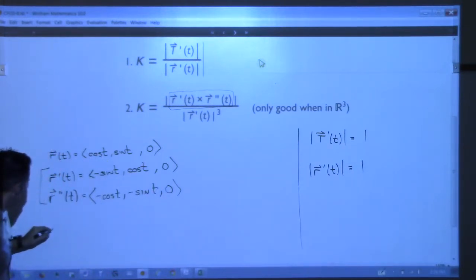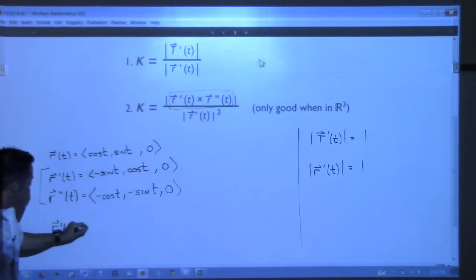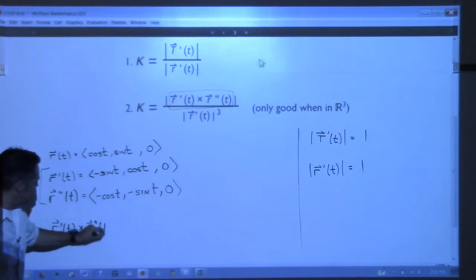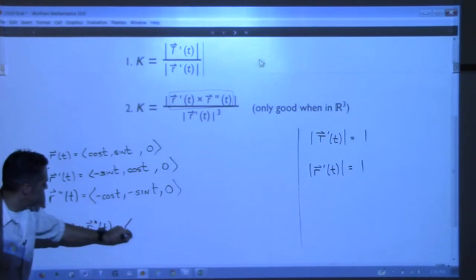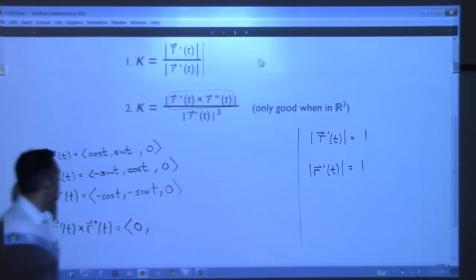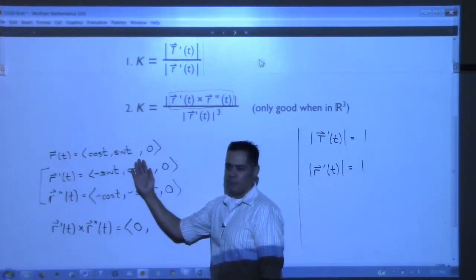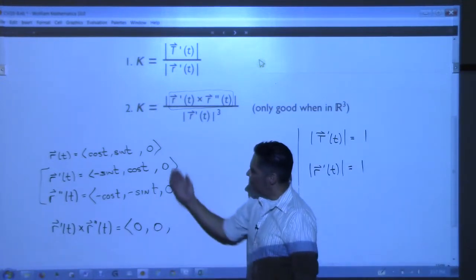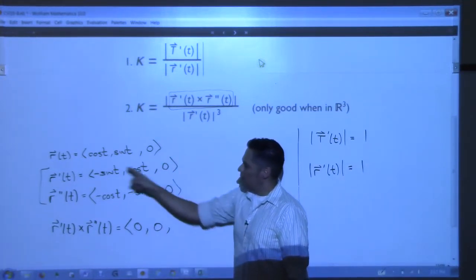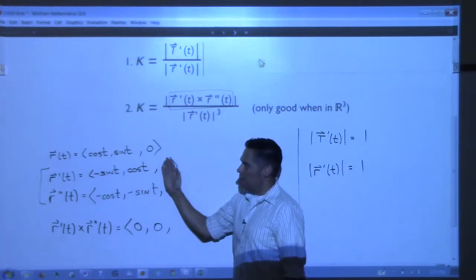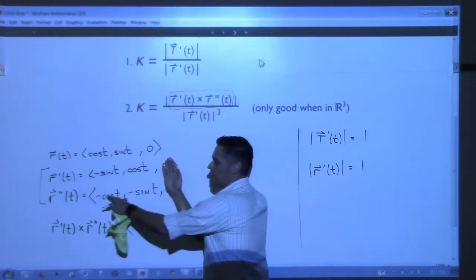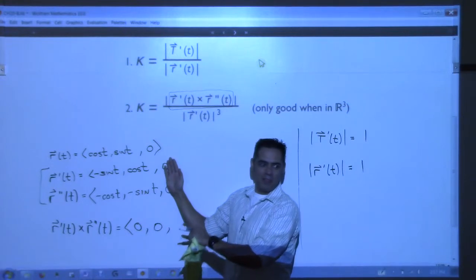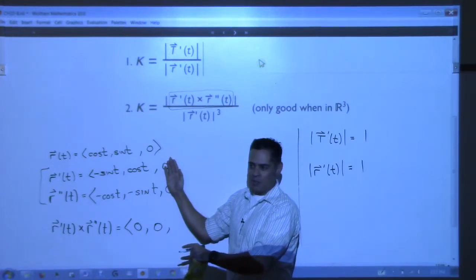So my cross product, r prime t crossed with r double prime t equals, the first component was 0, right? Okay, now cover up the middle one. 0 again. This is nice. And then cover up the last one. Sine squared t minus negative cosine squared t, which is the same as sine squared t plus cosine squared t, which is 1.